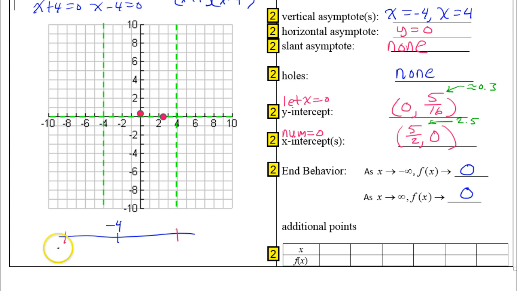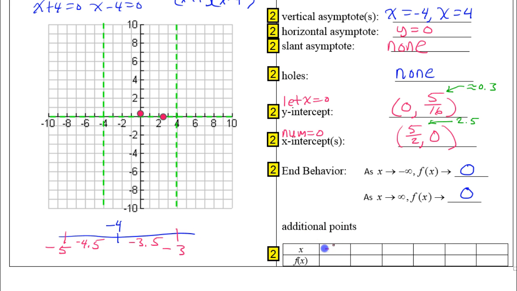To the left of -4, I'm going to have -5. To the right of -4, I will have -3. But also, halfway in between -4 and -5 is -4.5. I want that too. Halfway between -4 and -3 is -3.5. These are the 4 values I'm going to put on my chart because of this vertical asymptote.